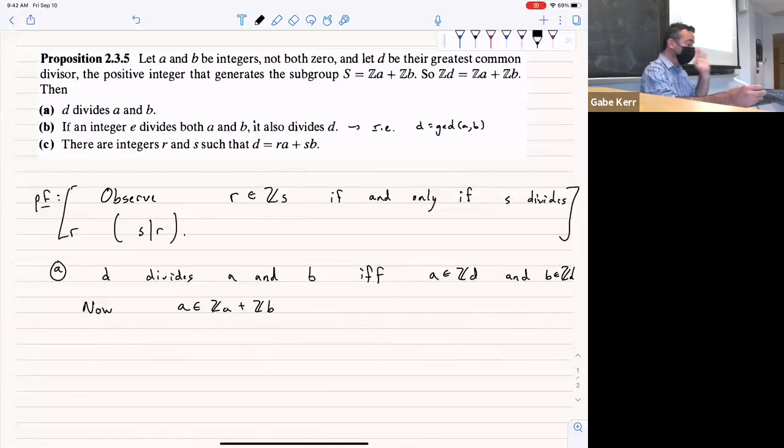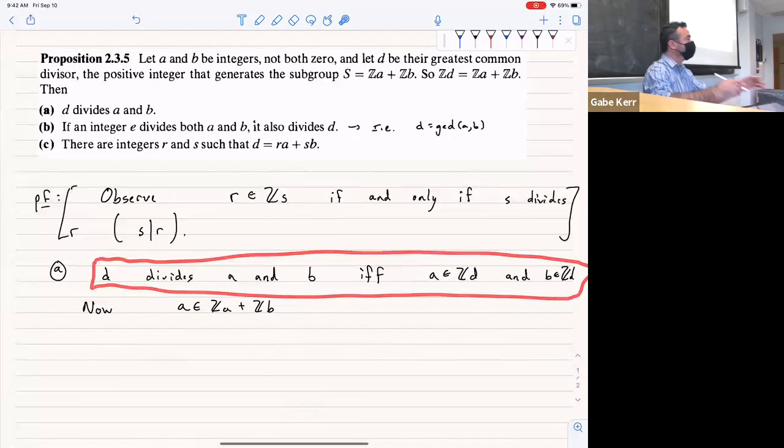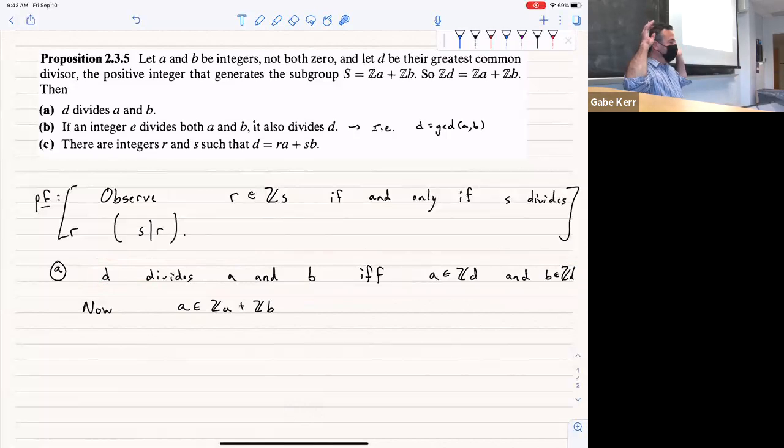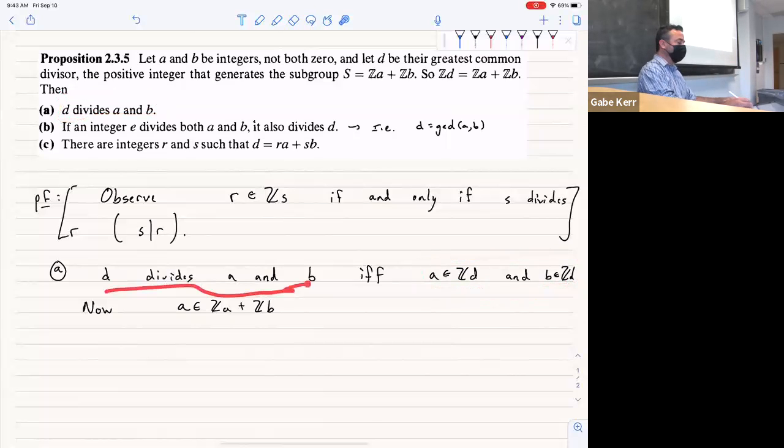No, hold on, we don't know it's an element of Z times D. We just said this divides A and B if and only if this happens. So the phrase here is, we want to prove this. That's true if and only if this is true. So we don't know this. We want to prove it. Rather than talking about this, let's try to prove this.